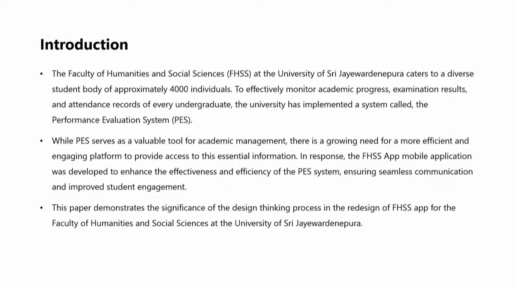And in addition, a few years ago, we had the FHSS app, but there are some usability issues with that app, and my paper demonstrates the significance of the design thinking process in the redesign of the FHSS app for the Faculty of Humanities and Social Sciences at the University of Sri Jayawardenepura.